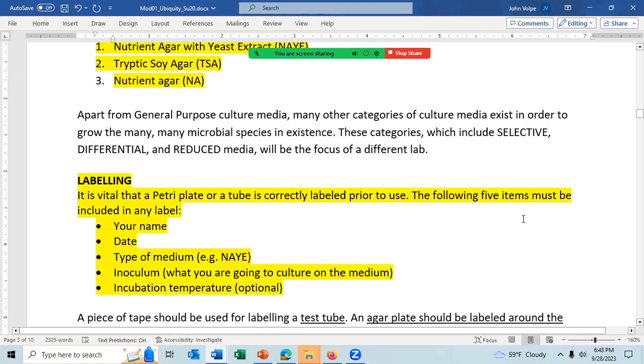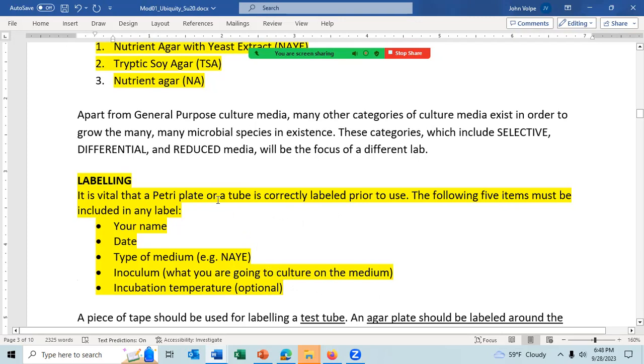All right. When you're labeling the Petri dish, you should write this information on the bottom of the Petri dish, on the periphery. On a tube, you should label it on a piece of tape and then put the tape on the tube.